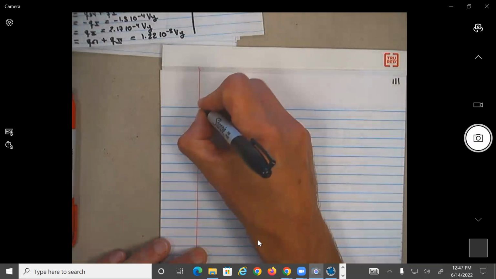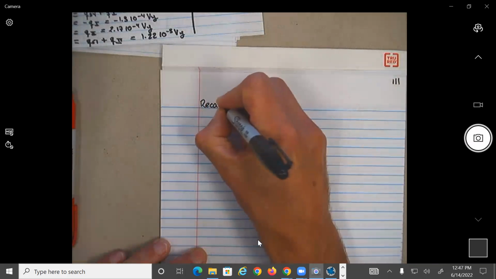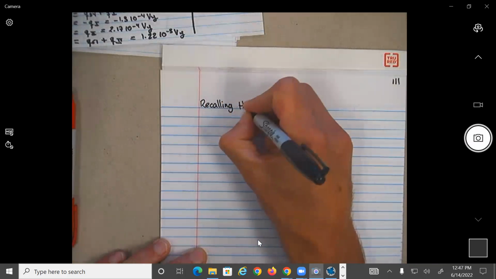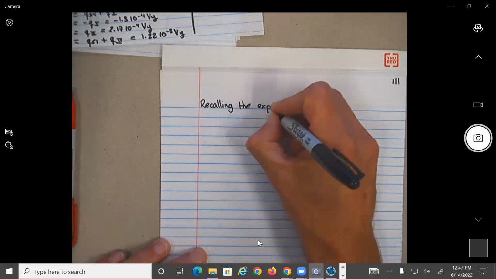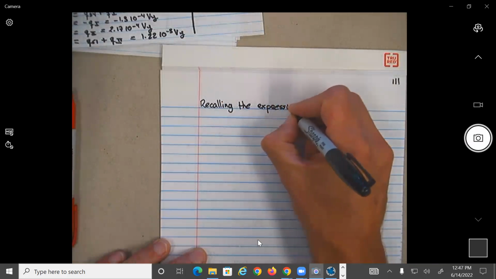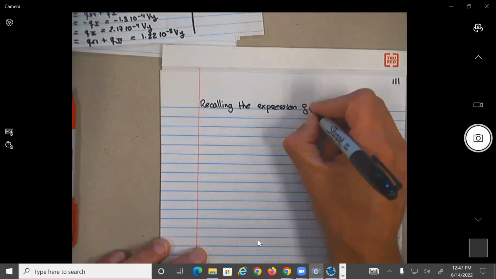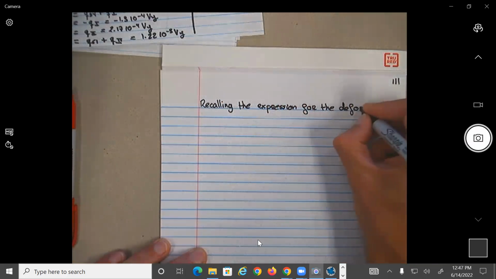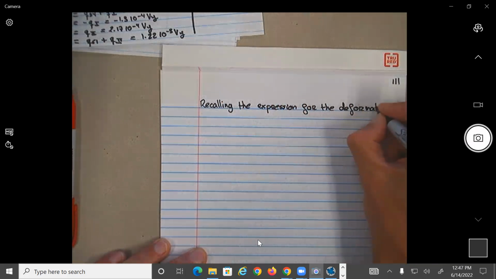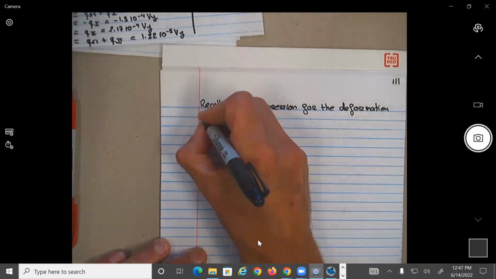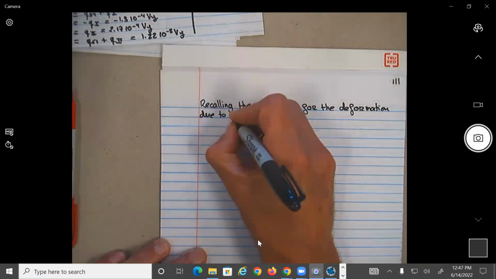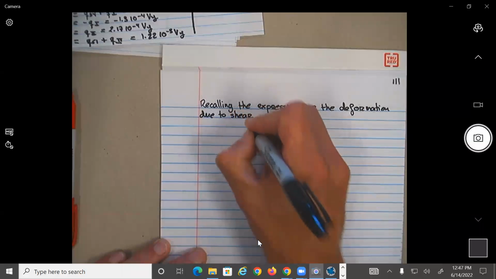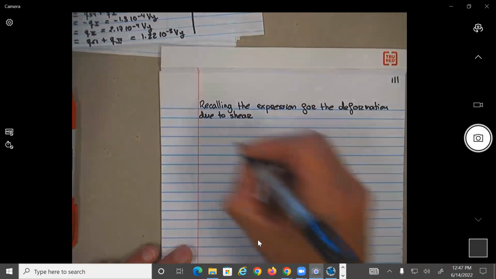Okay, so we have Q1, Q2, everything's in function of Y. So recalling the expression for the deformation due to shear, which was what?